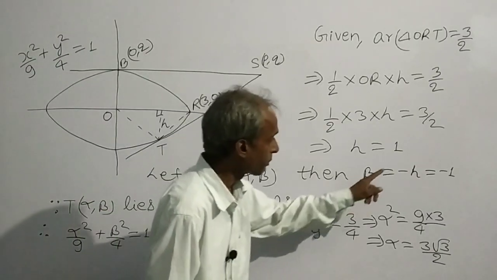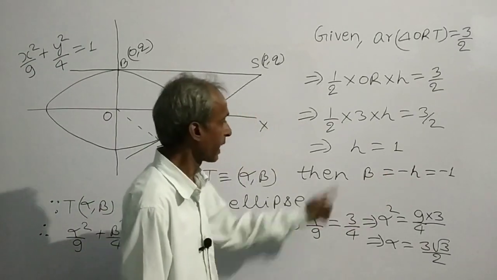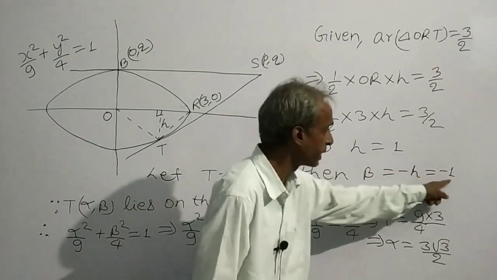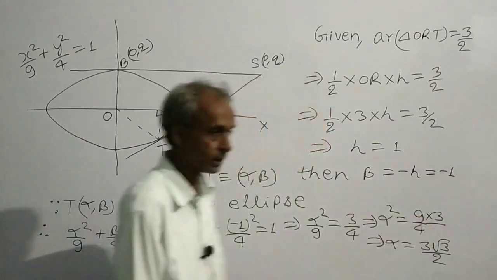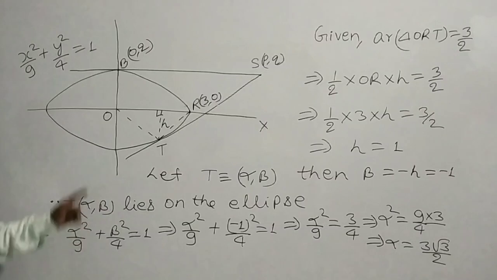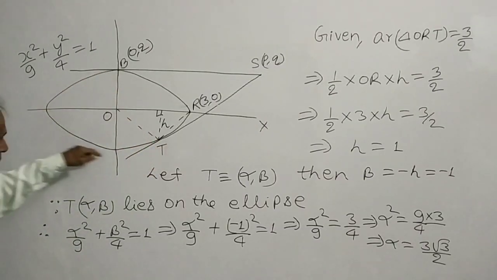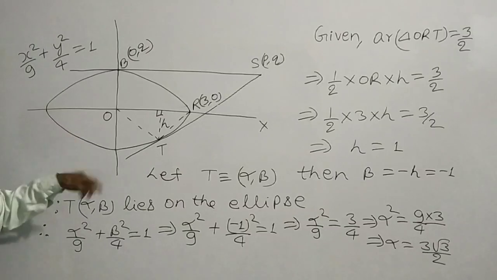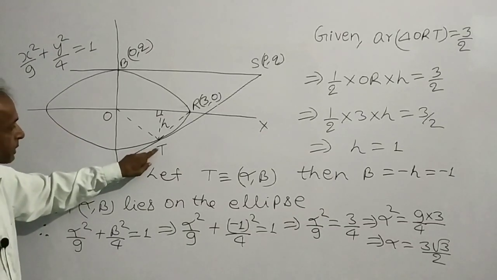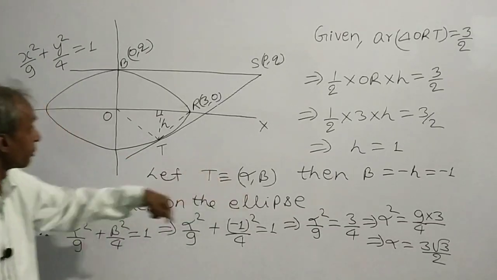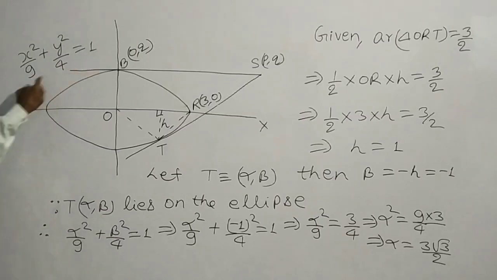Therefore beta will be equal to minus H and H is 1, therefore beta will be minus 1. Since this T point lies on this ellipse, therefore coordinate of this point T will satisfy equation of this ellipse.